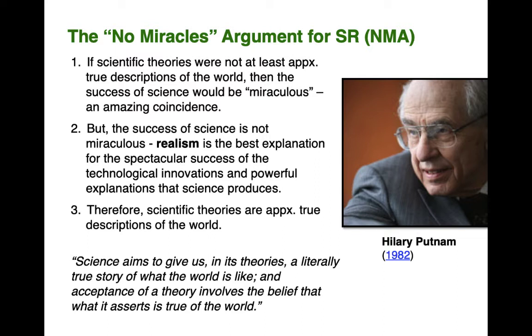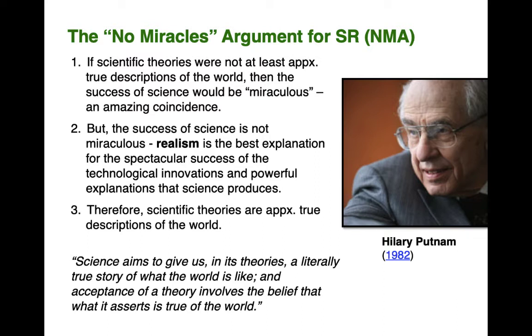And by that I mean an amazing coincidence, not some sort of divine intervention in the affairs of humans. But the success of science is not miraculous. Realism is the best explanation for the spectacular success of the technological innovations and powerful explanations science has produced. Therefore, scientific theories are approximately true descriptions of the world. I'll say this argument originates with Hilary Putnam.